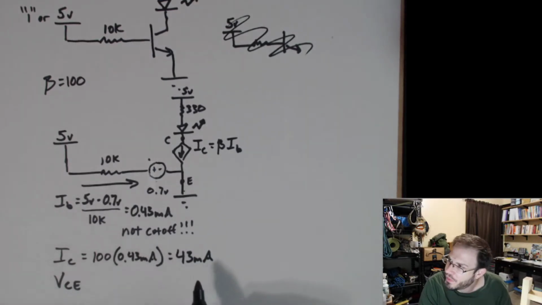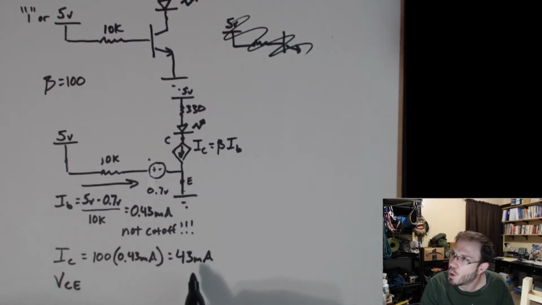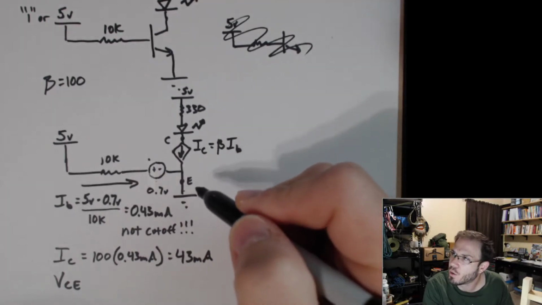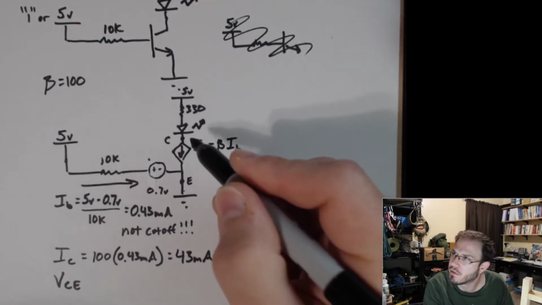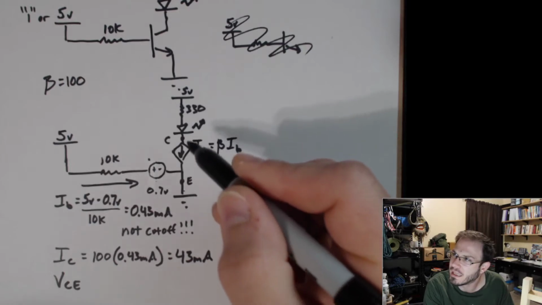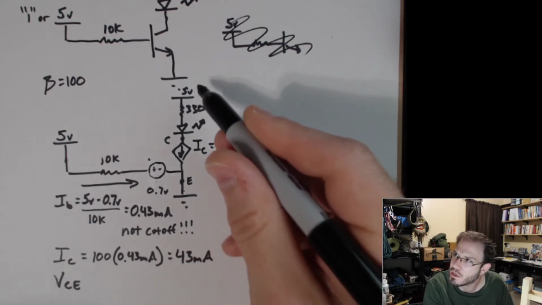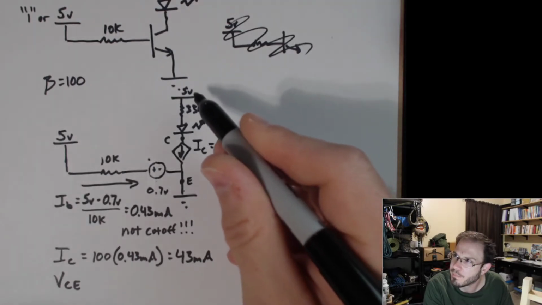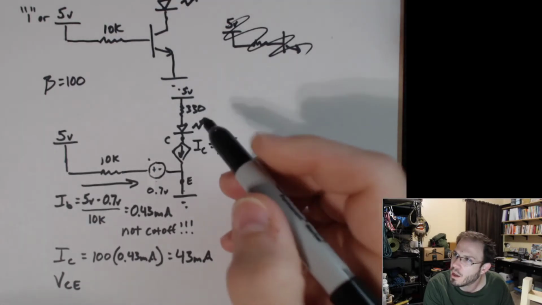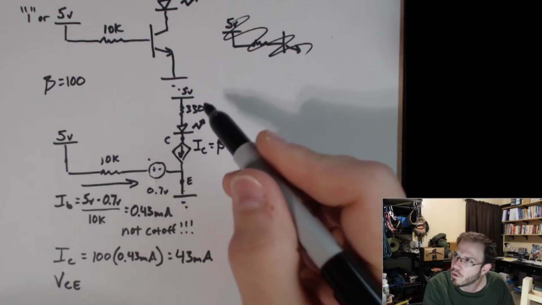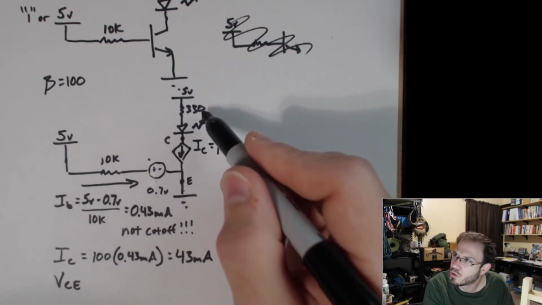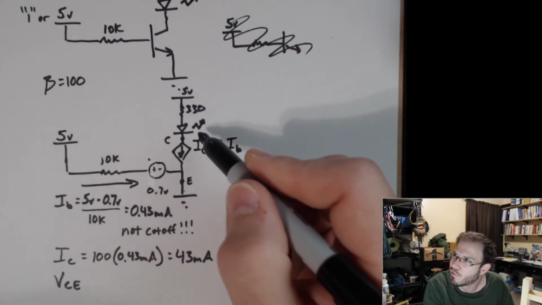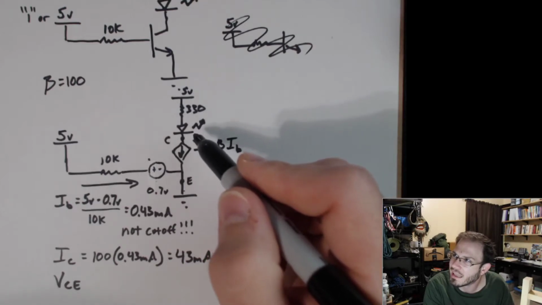Okay, now with the collector current, we can write out an equation to tell us the voltage drop between the collector and the emitter. We can just treat this as one KVL loop over here. So 5 volts minus the voltage drop across the 330 ohm and minus the voltage drop across our LED.